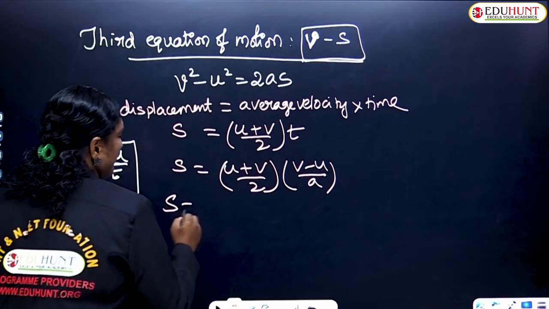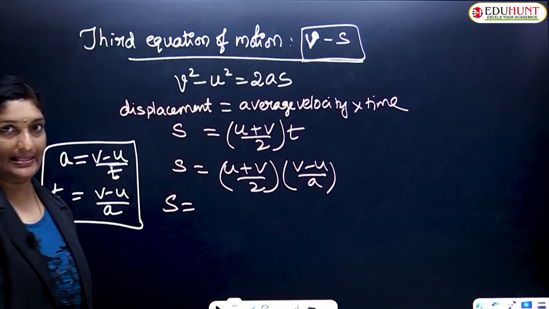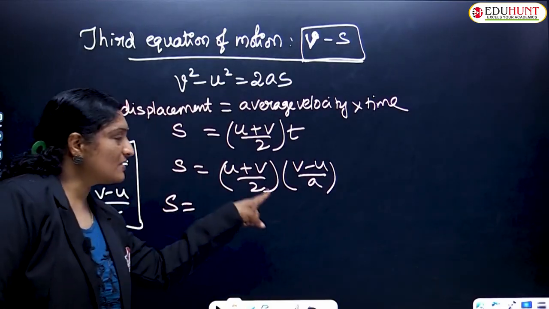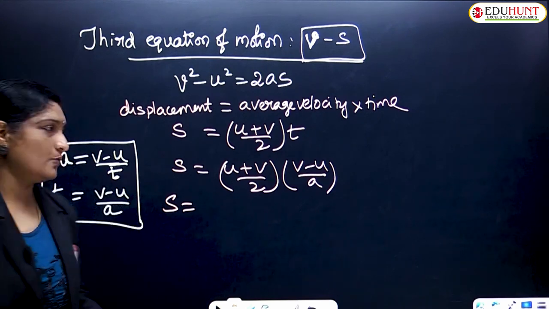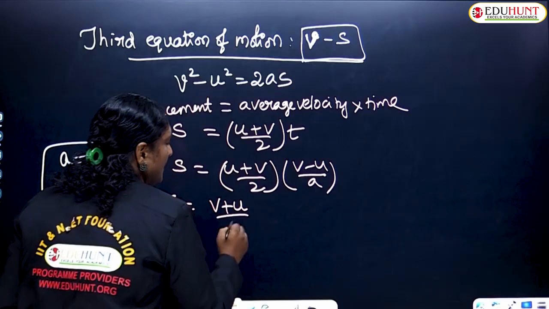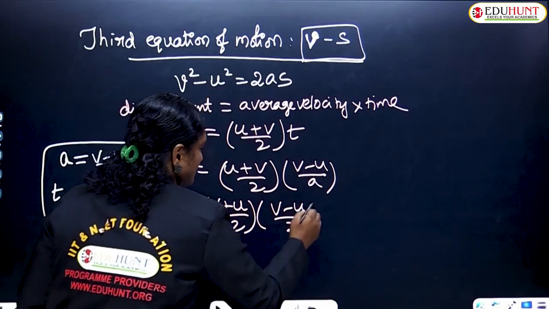So again rearranging the terms, u plus v can be written as (v plus u) by 2, into (v minus u) by a.